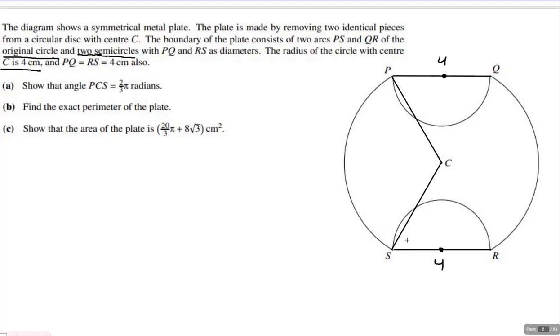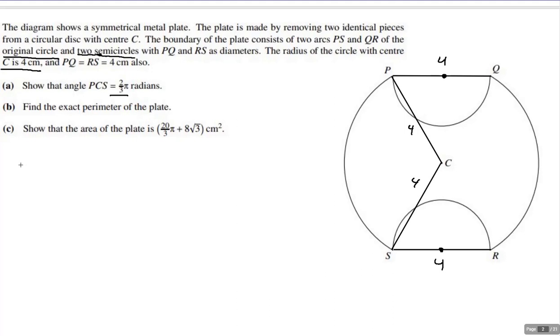All right, now we've gone from the center to a side of the circle. So now I can tell you that this is a length of, oops, hang on, let's go back again. We can label that a 4. So let's go back to drawing. Because they told me that the radius of the circle C is 4, I can now add this. And see, they want to know what the angle PCS is. Or actually, they want us to show that it's 2/3 pi.